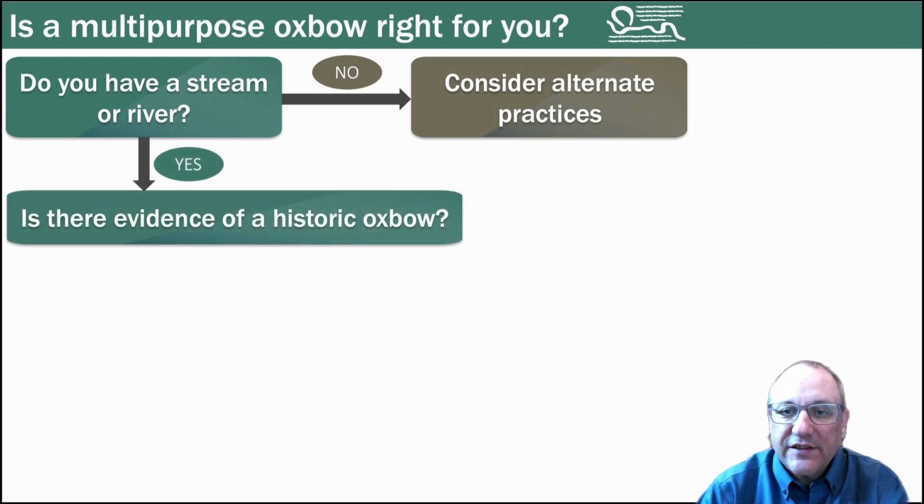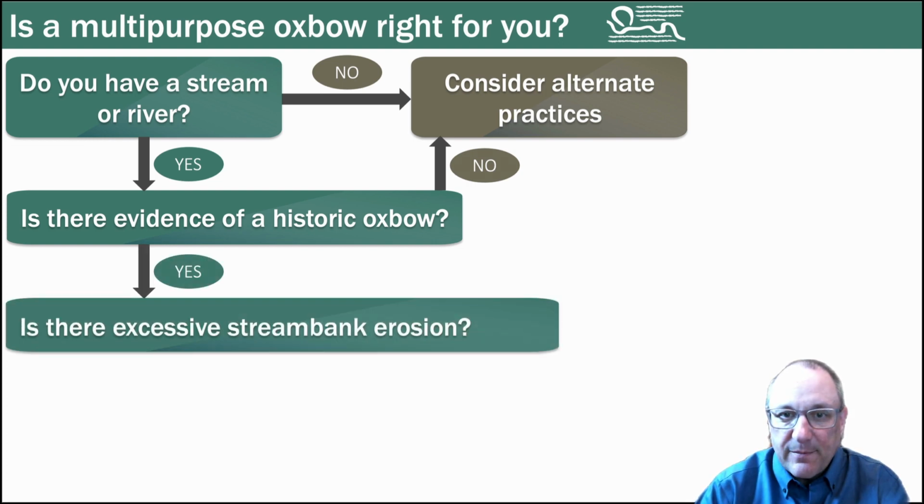If yes, then the next step is to determine whether areas of old oxbows can be identified, either from noticeable depressions seen from walking the area, or often they can be identified from aerial or satellite imagery. If not, then consider alternative practices, but if so, then is there evidence of excessive stream erosion, such as steep banks, sloughing, outside bends, or undercuts?